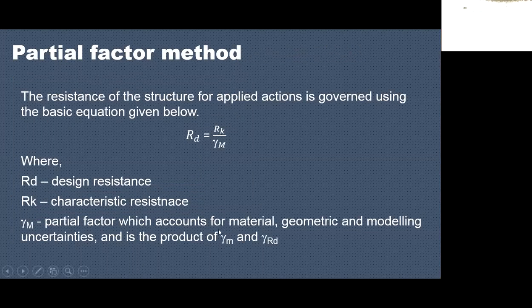Now if you take the material factor, that gamma m, here you have gamma m and gamma rd. So this gamma m has these values. For timber it's 1.3, for glulam 1.25.